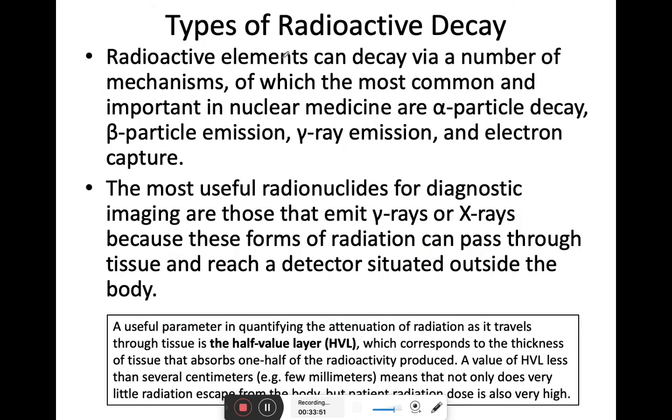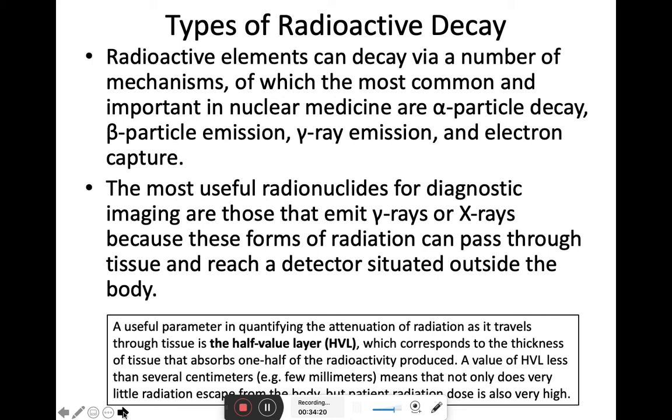Now about types of radioactivity decay, this will be your tutorial questions. I need some time to do it. I apologize because I'm quite busy with other things as well, but I will catch up with you about the tutorial questions later on.